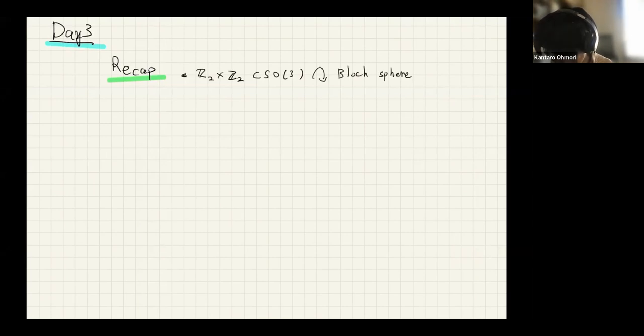We saw that there's a projective phase, and this was non-trivial, not removable.